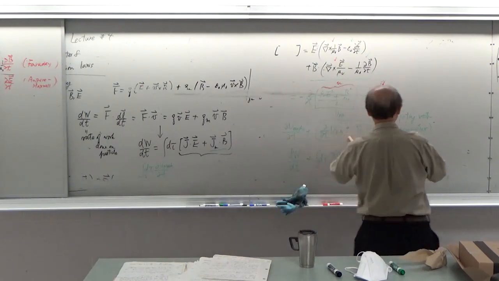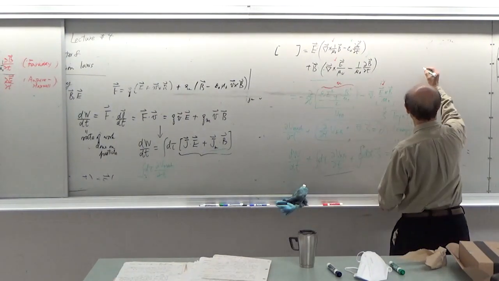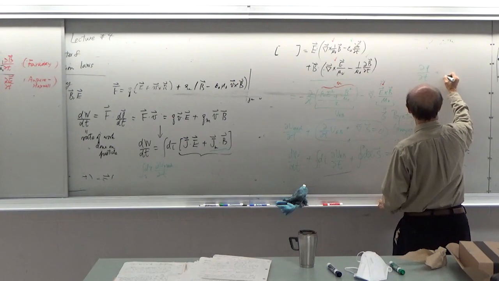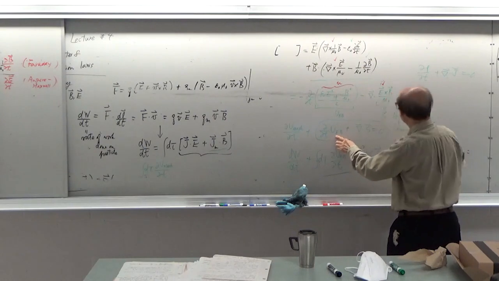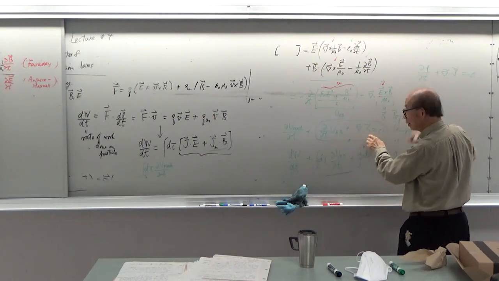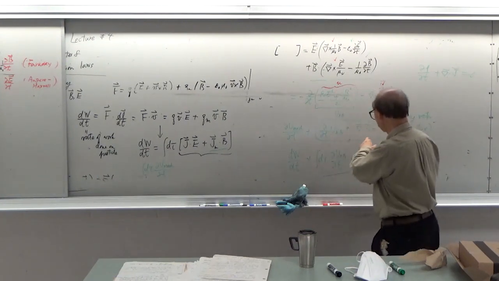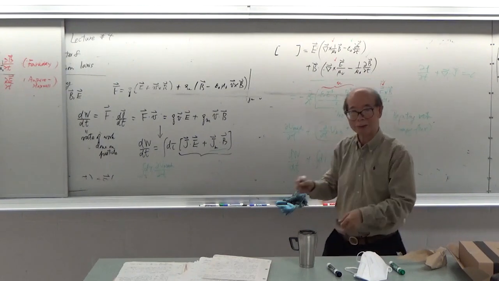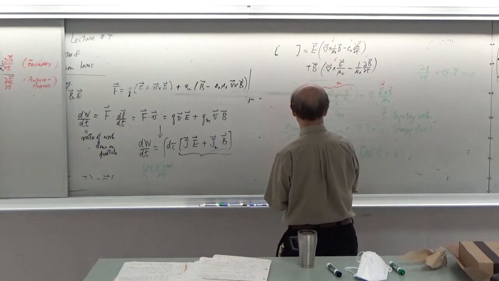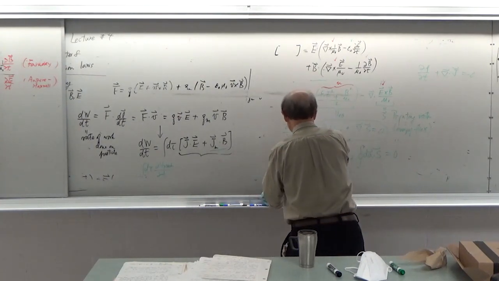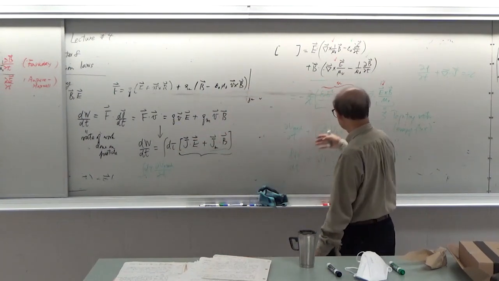You can compare this equation with the conservation of charge equation, which is of the form del rho by del t plus divergence of J. So here, the energy density plays the role of the charge density, and the Poynting vector plays the role of the current density. That's why I said it has to do with the flow of something. So this is the conservation law for the whole system, the particles and the field.